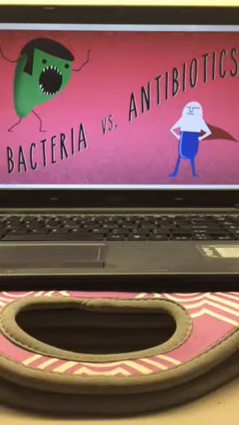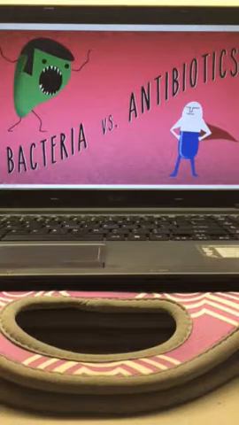Antibiotic concentration is one, bacteria mutation, and bacteria genetic exchange. Antibiotic concentration: generally, the more antibiotic getting to a bacteria would cause it to stagnate or die, and the less antibiotic will allow it to multiply.